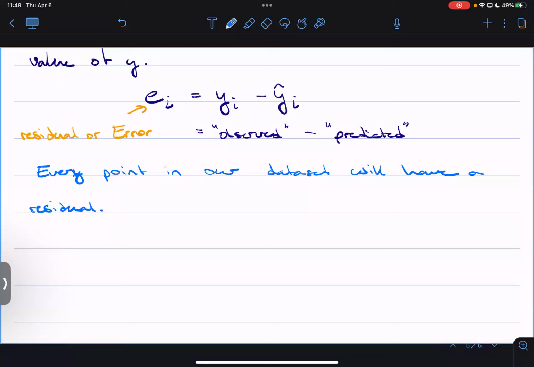We need a line to find the residuals, but then the line of best fit is the one that minimizes those residuals. It makes sense, you want to minimize the distances overall. In fact, because of how we fit the line, the sum of the residuals will be 0.